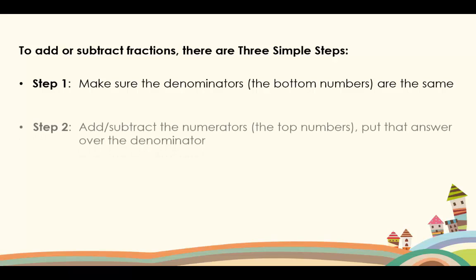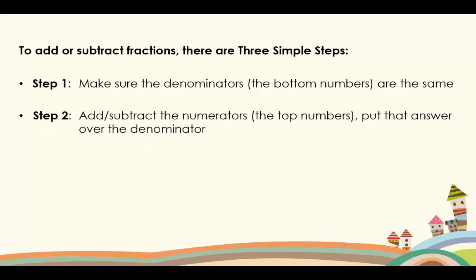Second step, add or subtract the numerators, or the top numbers, and put the answer over the denominator. And third step, if you can simplify the fraction, then simplify it to the simplest fraction. Now let's try these steps in an example.